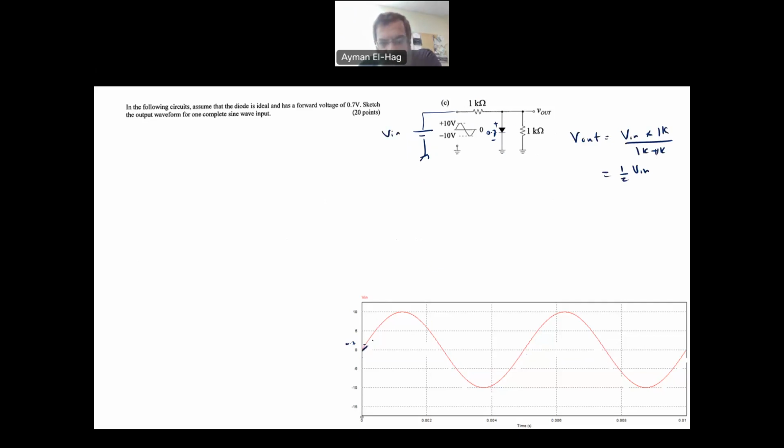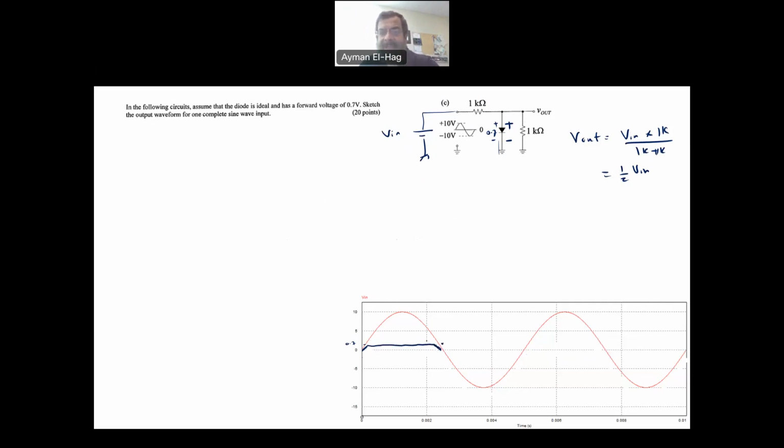Now, when the voltage exceeds 0.7, this diode will be conducting and you will have a positive negative polarity here. So Vout will always be 0.7, a constant voltage, until it reaches here. And then again, it will go down.